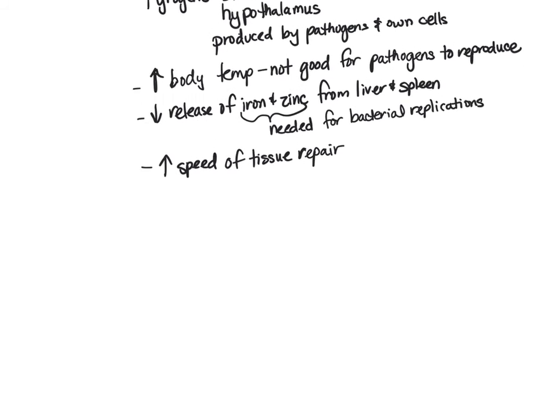So the last type of second defense that we're going to talk about is inflammation. So again, we're on our second line of defense. Our last part of the second line of defense is our inflammatory response. So this is triggered when our body tissues are injured.